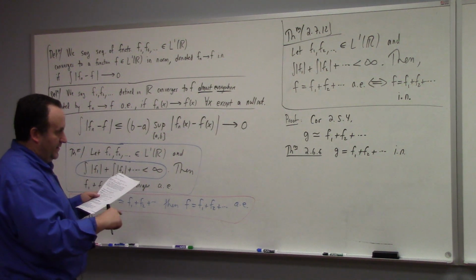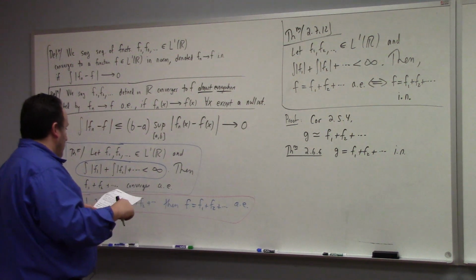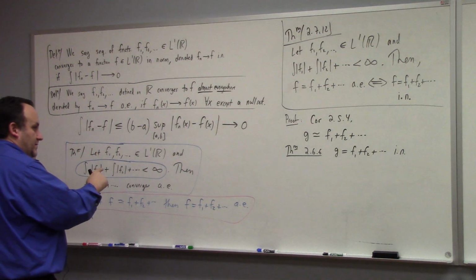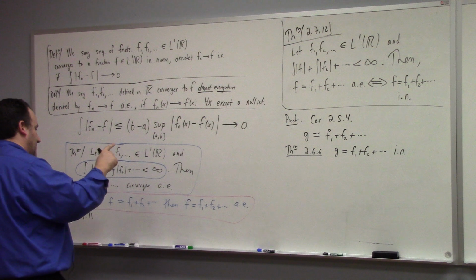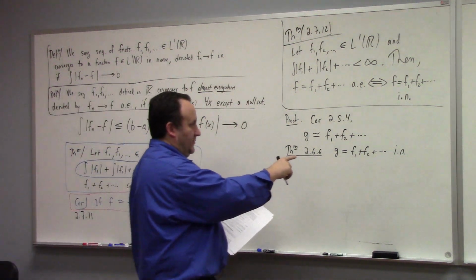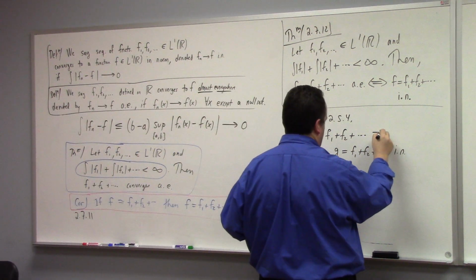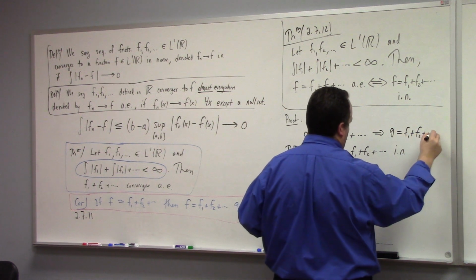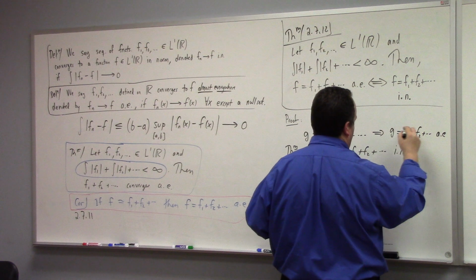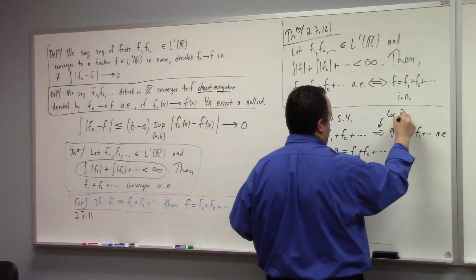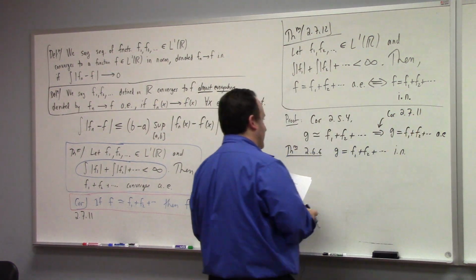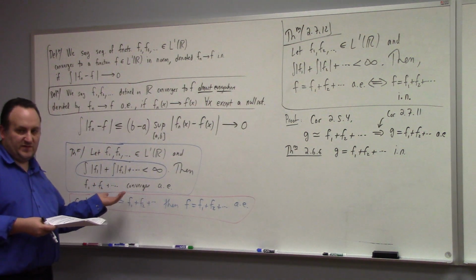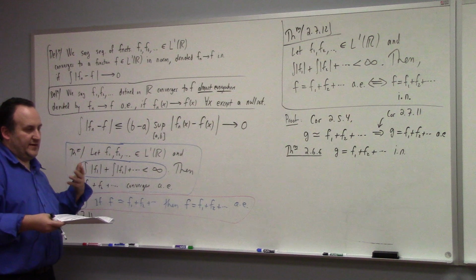By that corollary, we have that this implies that G is equal to F1 plus F2 almost everywhere, right? This is corollary 2.7.11 because we have G is represented by F1 plus F2, which means G is equal to F1 plus F2 almost everywhere.